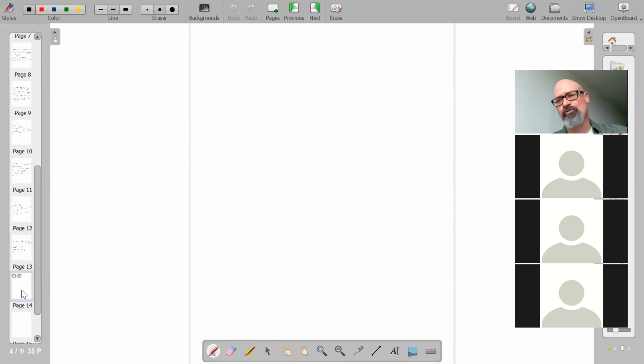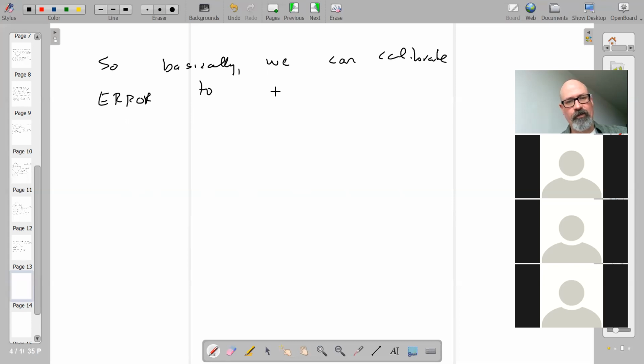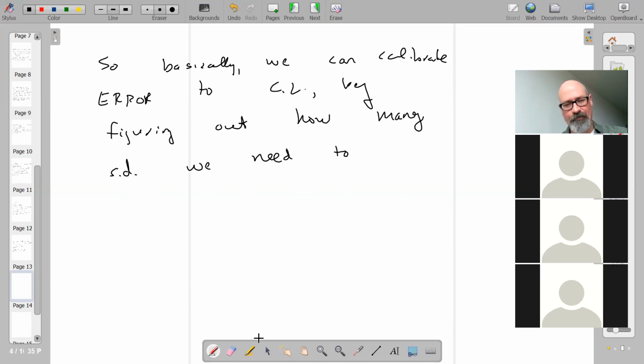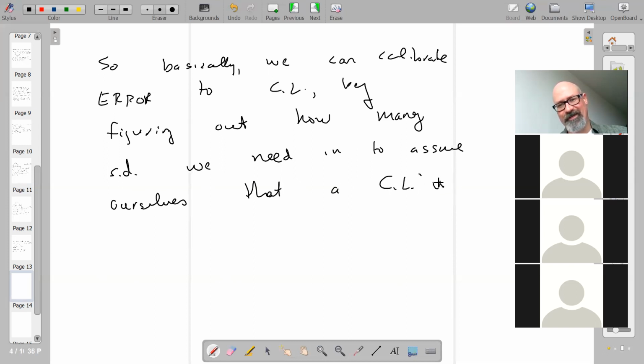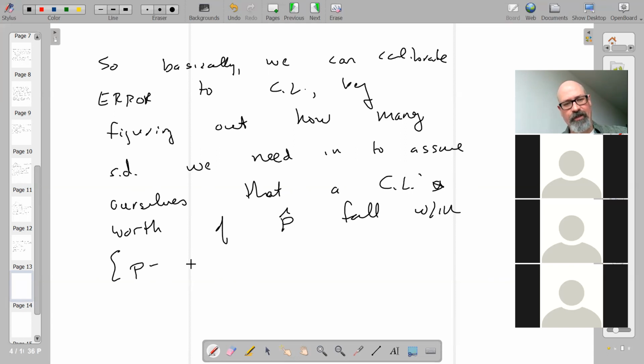Other confidence levels you can control. Basically, we can calibrate the error to the confidence level by figuring out how many standard deviations we need in order to assure ourselves that a confidence level's worth of p hats fall within the interval: p minus z star sigma p hat, to p plus z star sigma p hat, and that's not p hat here, that's p.